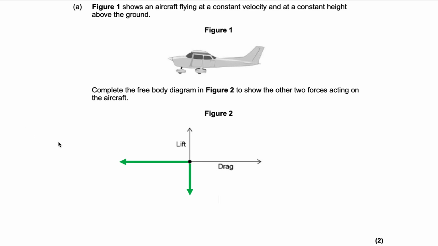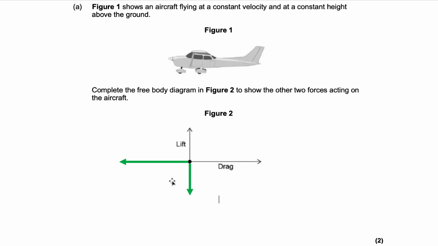And you'll also notice on this diagram that they've labelled the names of the force. So lift is pointing upwards. So the force that's acting downwards on the aircraft we know is going to be the weight force that's pulling it down towards the centre of the earth.